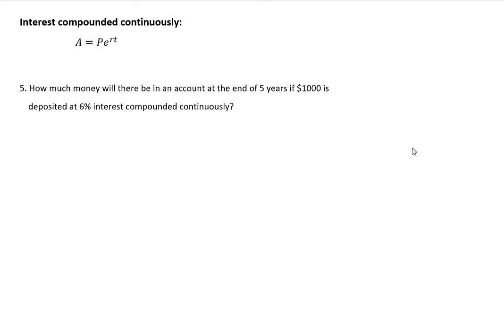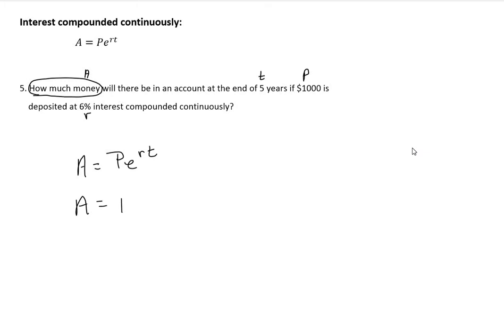So problem number 5. How much money will there be in the account at the end of 5 years if $1,000 is deposited at 6% interest compounded continuously? How much money is going to be in the account at the end of 5 years? That is what I'm asked to find. That is going to be the A. 5 years, 5 is the T. $1,000 is deposited, so that is P. And 6% is R. So A equals P e to the RT power.